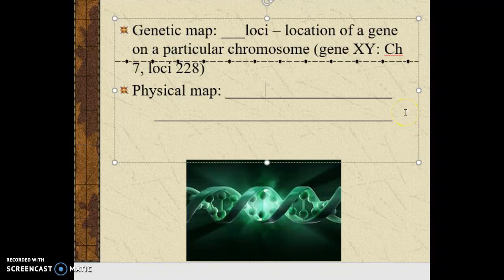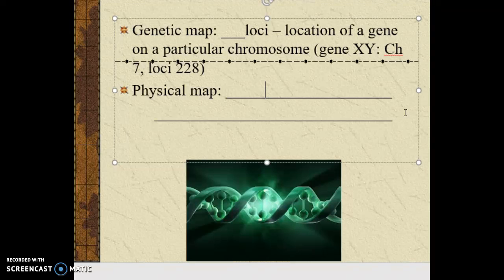All right. So another part of genomics is looking at a physical map of our genetics. And these are DNA landmarks that form the DNA sequence. So when you look at the little picture of DNA below us here, there's a chromosome.